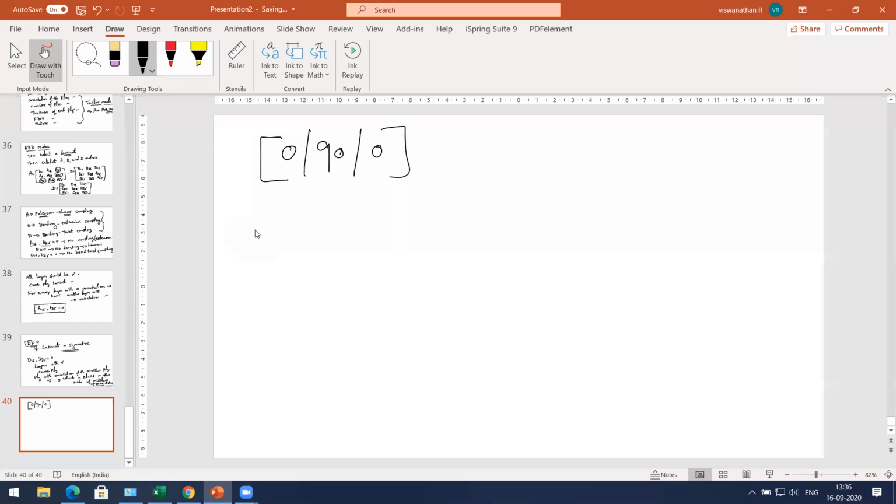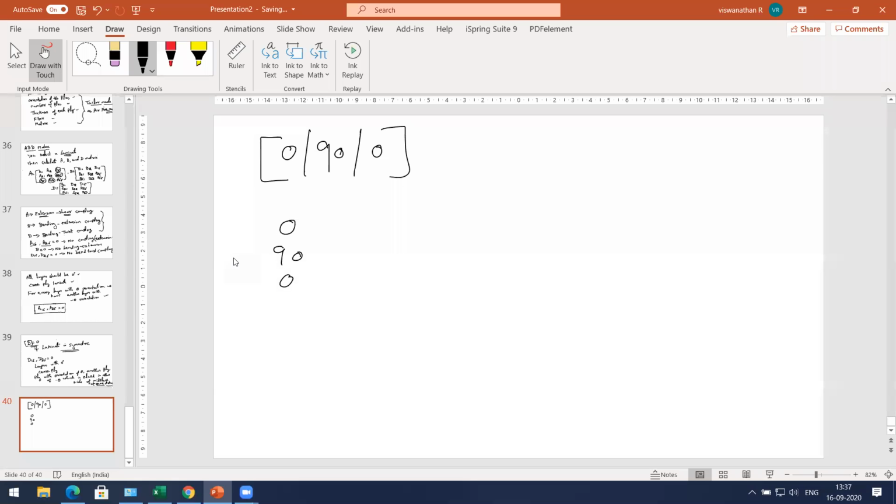Is this a symmetric laminate? Yes, sir. It is a symmetric laminate. So we have 0, 90 and 0.